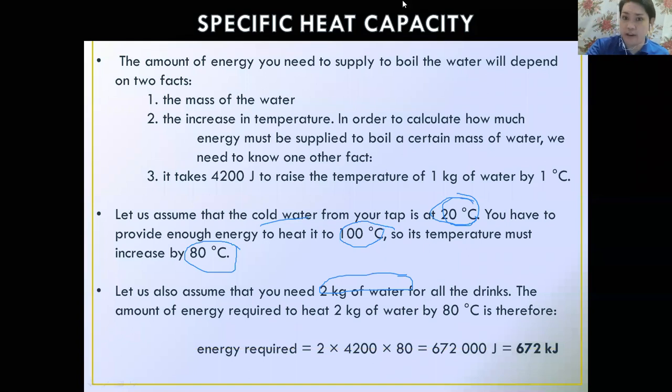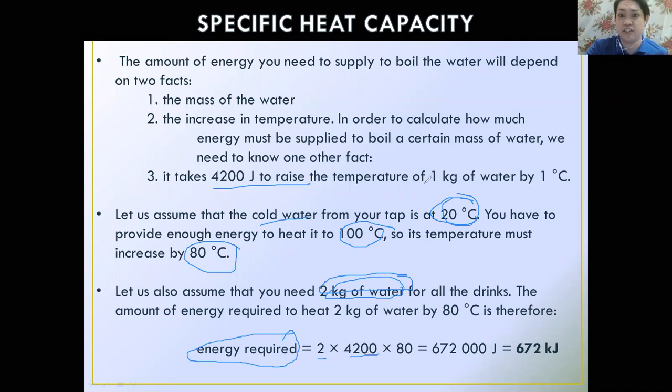The energy required can be solved using this equation. Energy required is equal to 2, which stands for the 2 kilograms of water, times 4,200, which is a fact: for water, to raise the temperature of 1 kilogram of water by 1 degree Celsius takes 4,200 joules, the specific heat capacity of water.